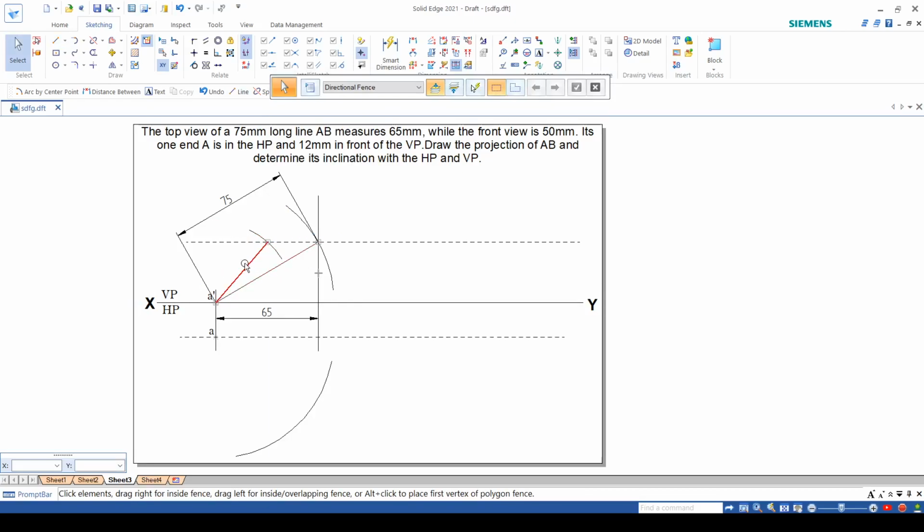Now we know this side is 65. So how would we get it? First I will extend it. At the time of drawing you can also extend it from here to here, but I am extending it now.